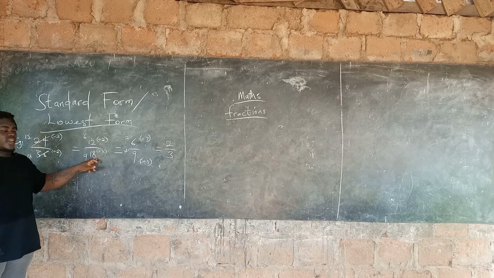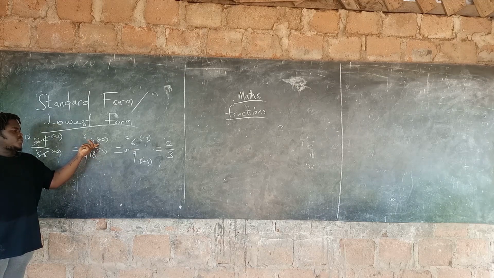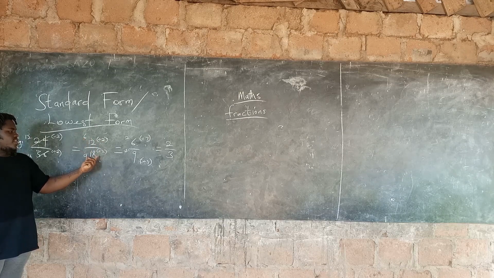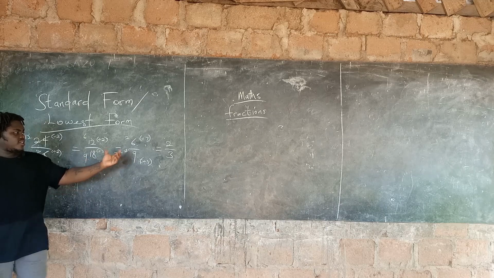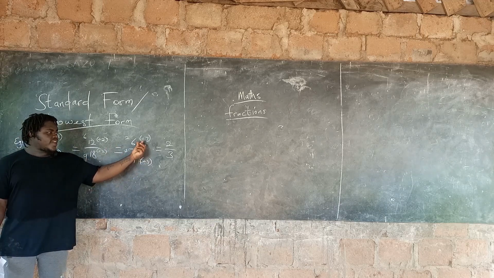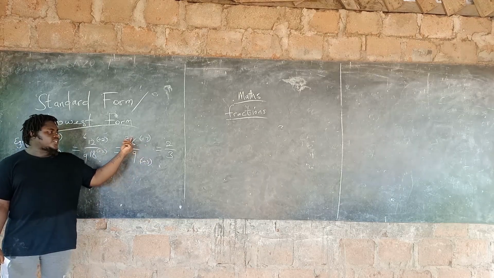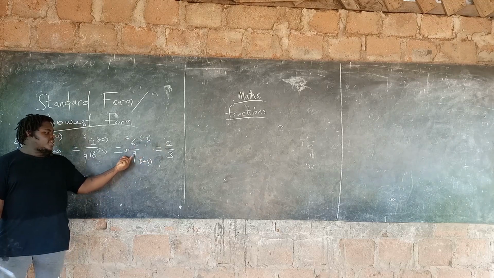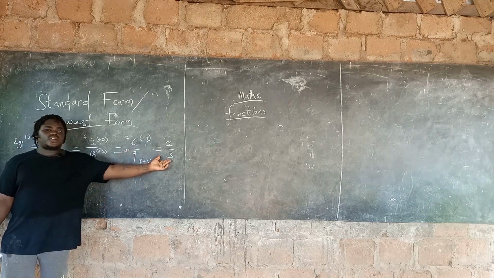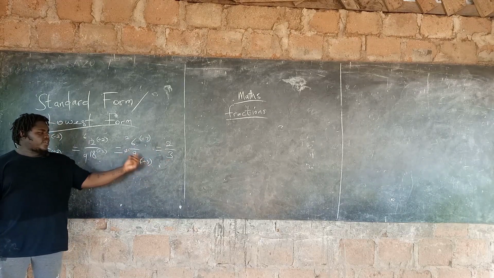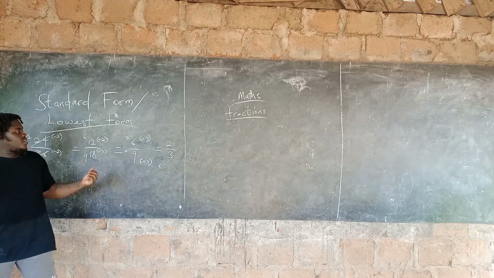And then we wrote them here. And then we divided the 12 by 2, we had 6. The 18 by 2, we have 9. So 6 and 9. We divided the 6 by 3, we had 2. And then 9 by 3, we had 3.